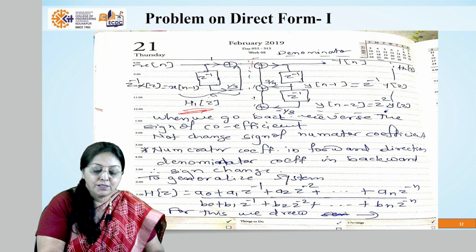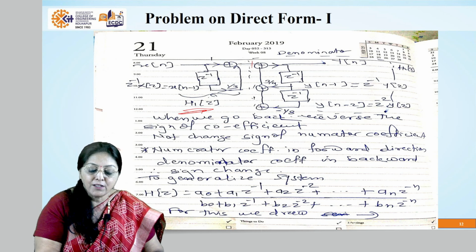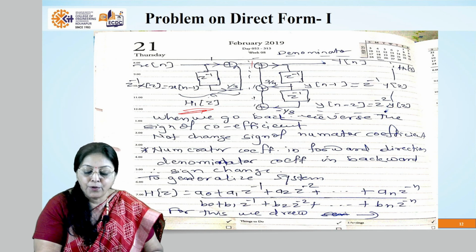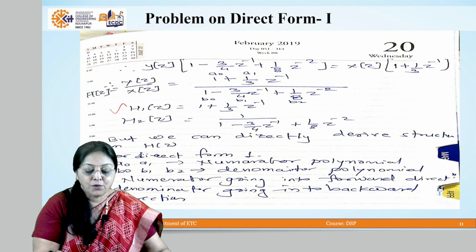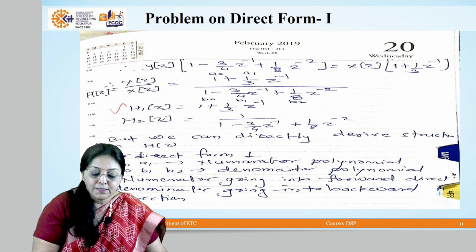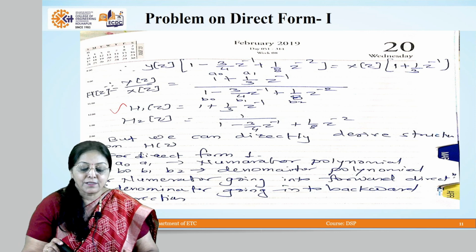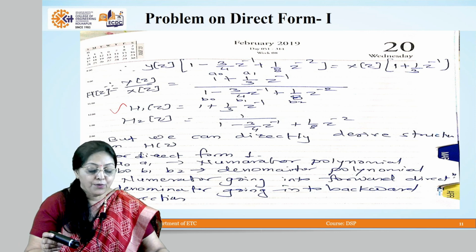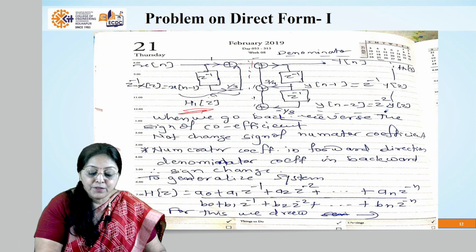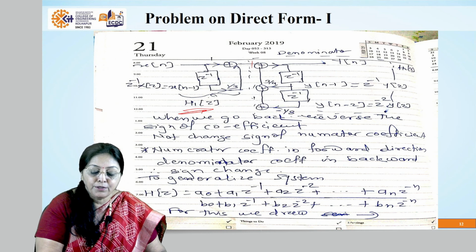The second part we call H2(z), where w(n) is the input and y(n) is the output. When you observe the previous equation, 1 upon 1 minus 3/4 z^-1 plus 1/8 z^-2, here minus 3/4 and plus 1/8 are two multipliers, and two delays are required. In the first arrow there is no delay.